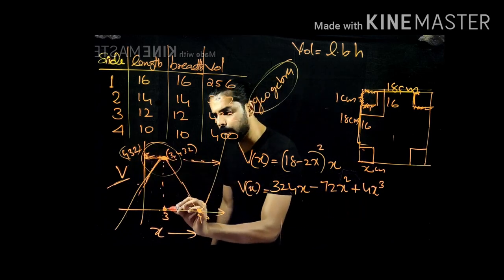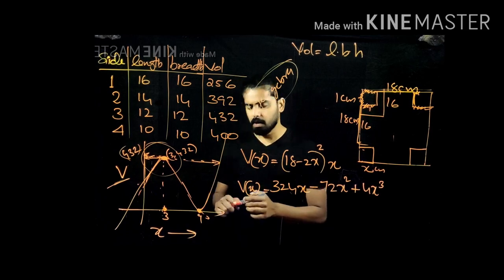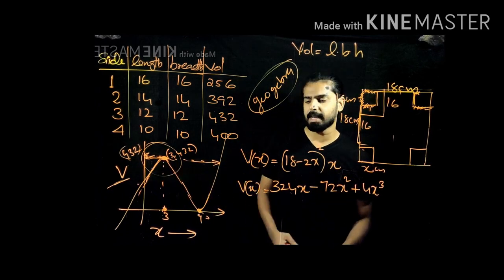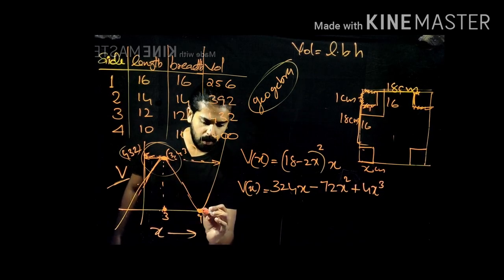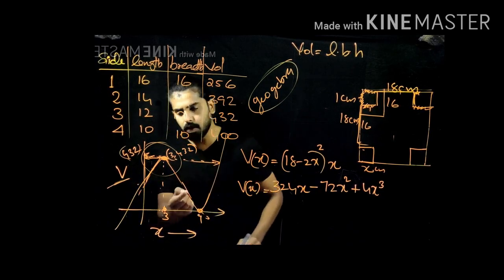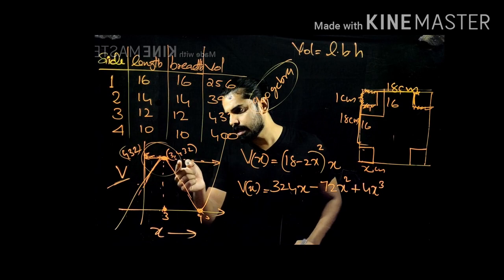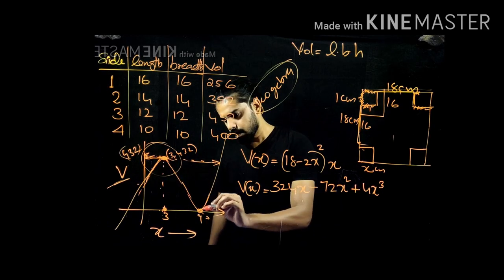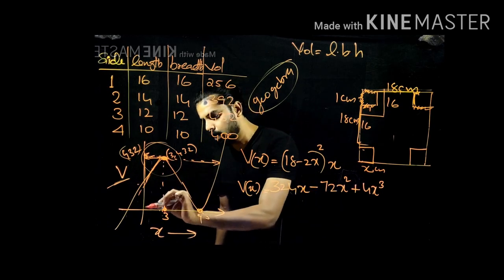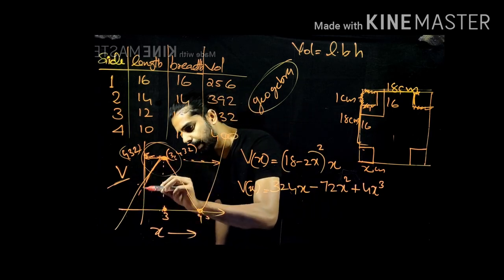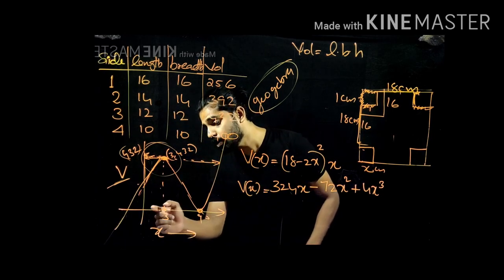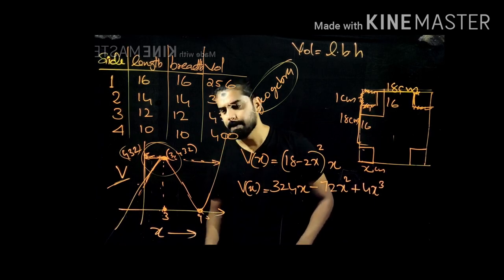Right. So how will we find this point 3, which is the local maxima, and this point 9 is the local minima? Since you can see that at 9 the volume is 0, and the volume is below 0 at a lot of points, right?